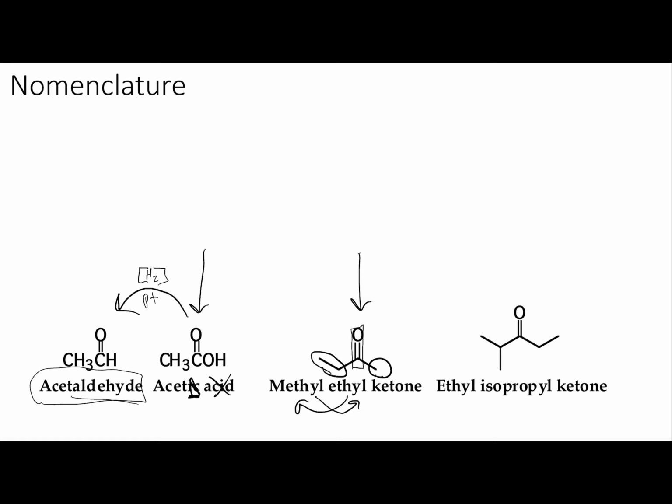But you're just saying the groups and then saying ketone. Second example here, we've got an isopropyl, which is just a propyl connected at the second carbon. And then we've got an ethyl as well. So this is just ethyl isopropyl ketone. So it's a neat little way that we can just kind of shorten ketone names.